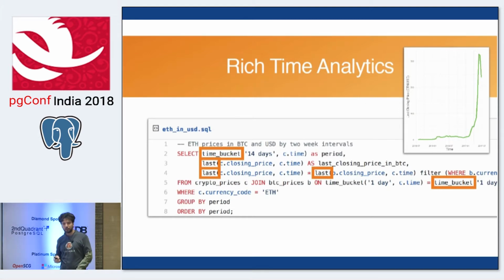We also added some aggregate functions that allow you to do last and first ordered by time, which is different than min-max because min-max orders by value, but here you want to get the value ordered by some other value, which is often time, but it could be something else as well.